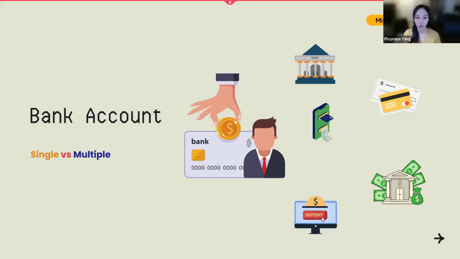Well, it is straightforward and convenient, but it has its downsides. Any mistake could affect your entire financial standing. That's where the saying comes from: don't put all of your eggs in one basket. Now, consider having multiple accounts. You might have separate accounts for different purposes, such as savings, bills, investment, entertainment, and so on.